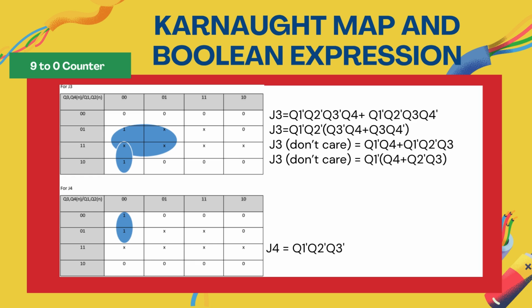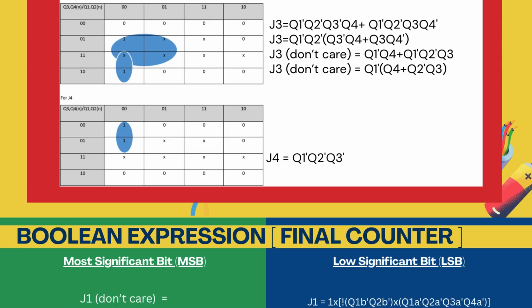And J4 was Q1 complement times Q2 complement times Q3 complement. These simplified Boolean expressions help us implement the circuit efficiently.